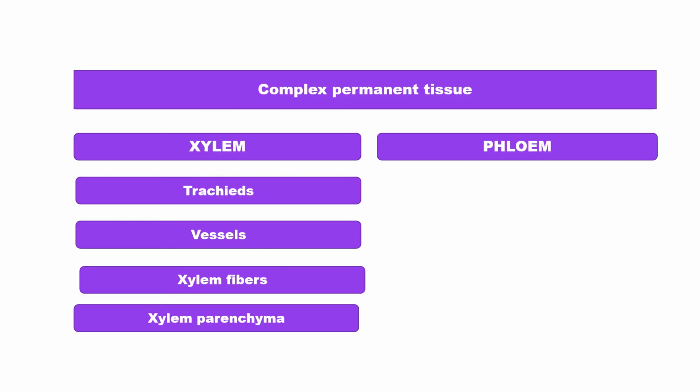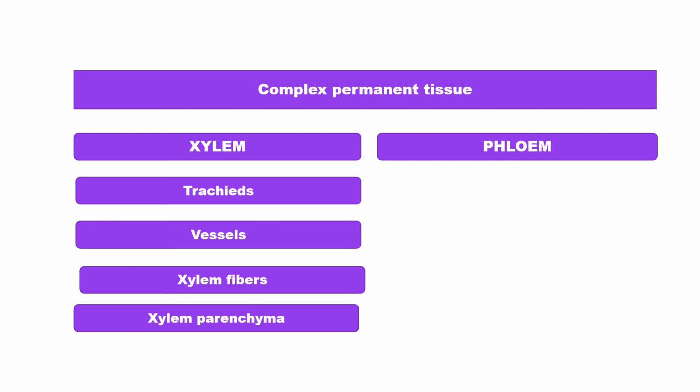Let us summarize what we studied in this video. Complex permanent tissues are tissues made up of different kinds of cells. They are of two types in plants, xylem and phloem. Xylem is made up of four elements: tracheids, vessels, xylem fiber and xylem parenchyma.